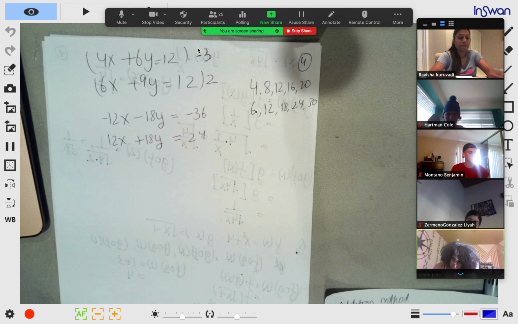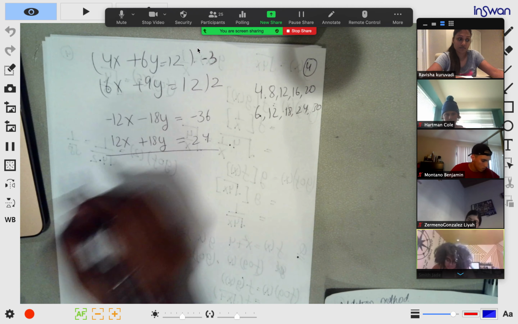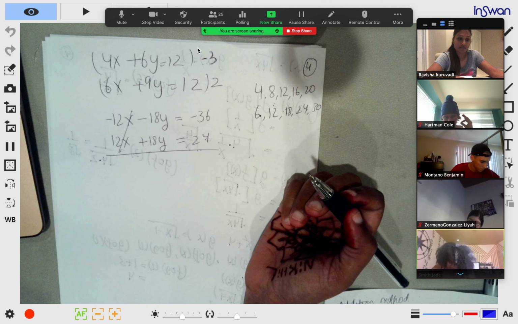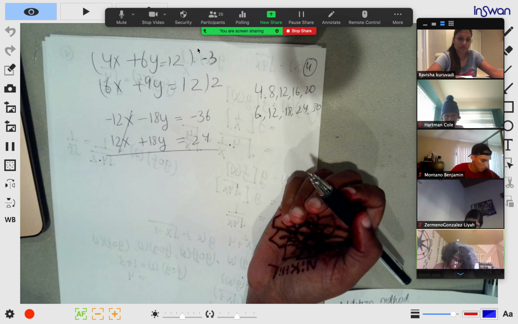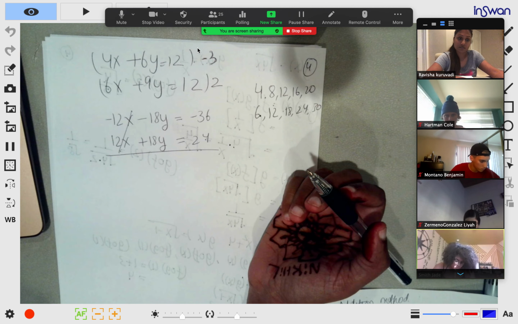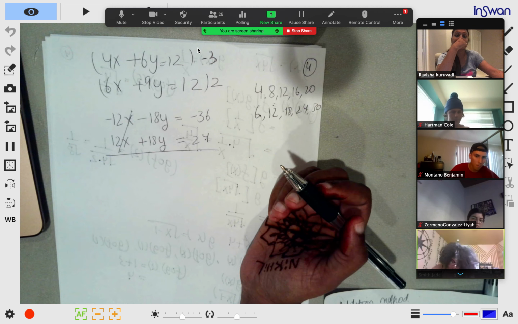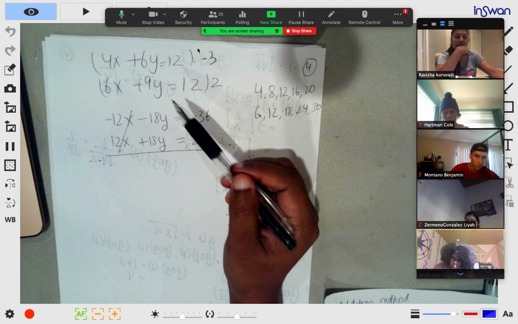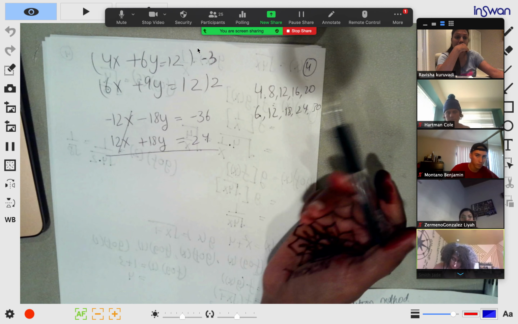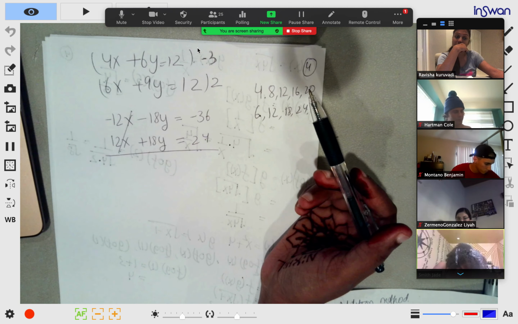Then you just add them up, so you cancel the x's. So then negative 18y plus 18y. Wait, Jade. It is negative 18y plus 18y. I wrote it wrong.